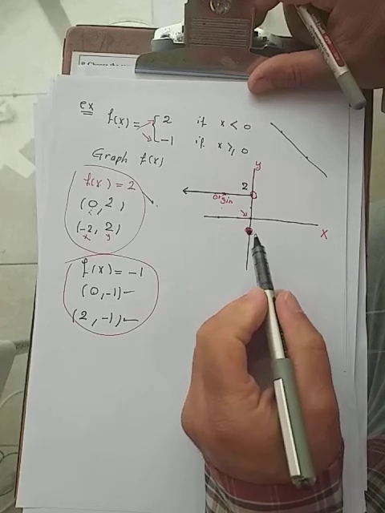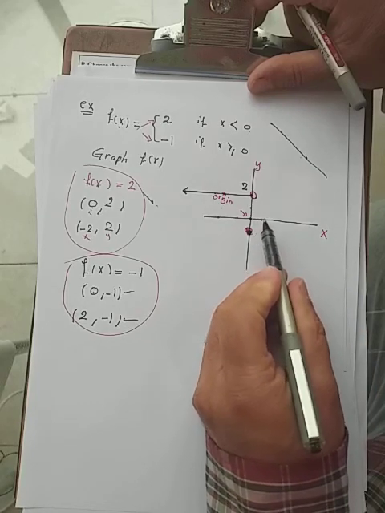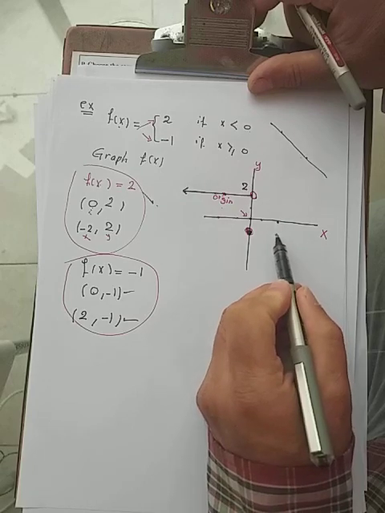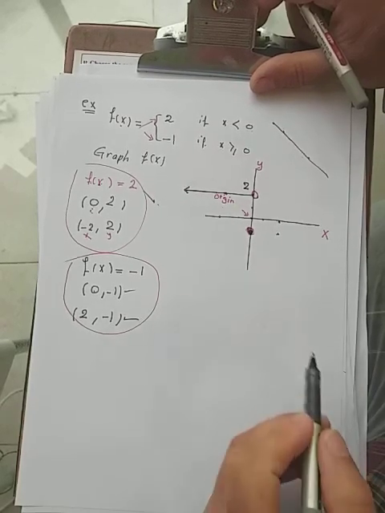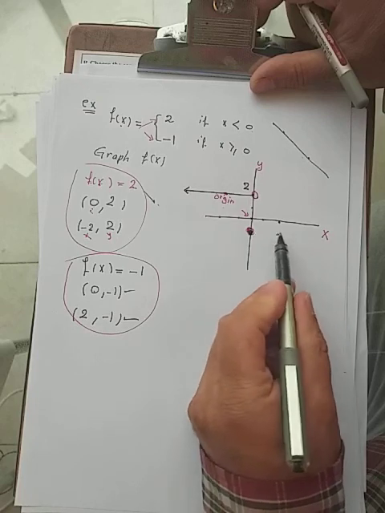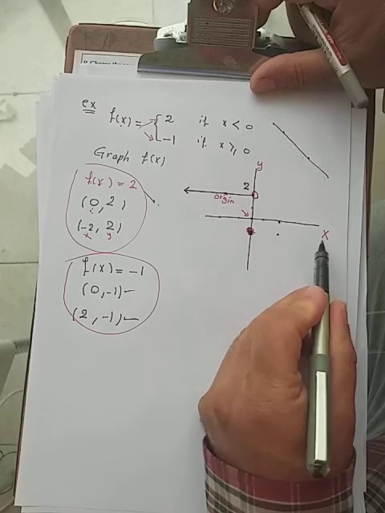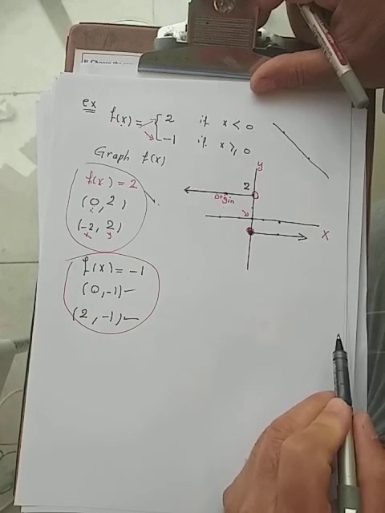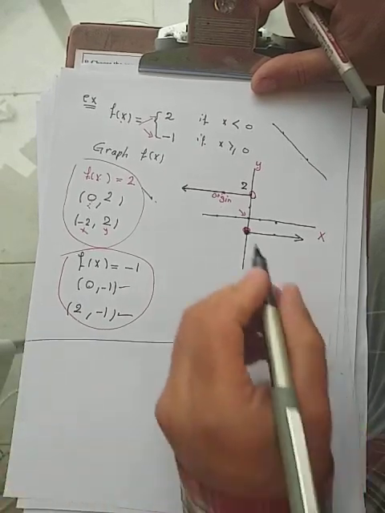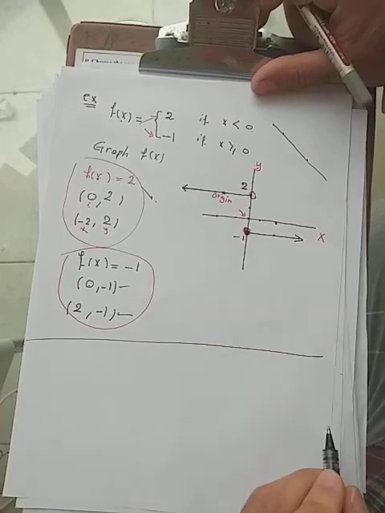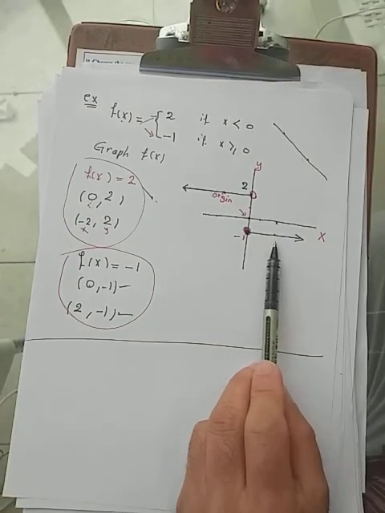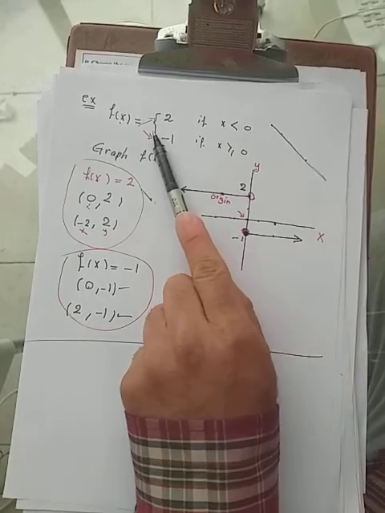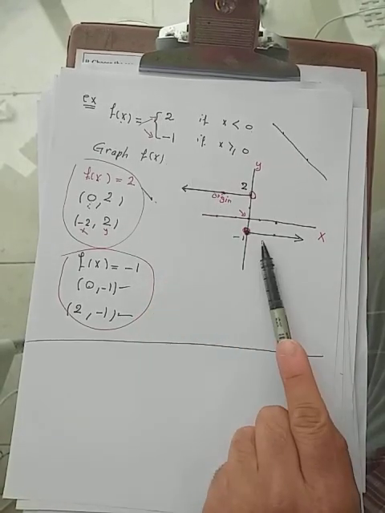Where is 2, minus 1? This one, 1, 2, and minus 1. It's big to small. We are done. This is the graph of the piecewise function, which is this one.